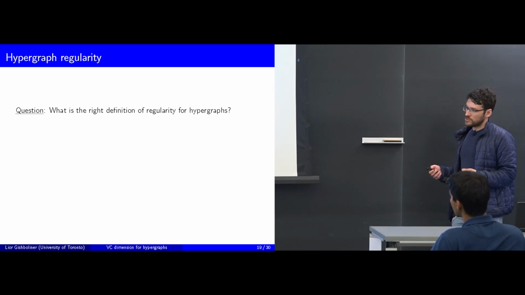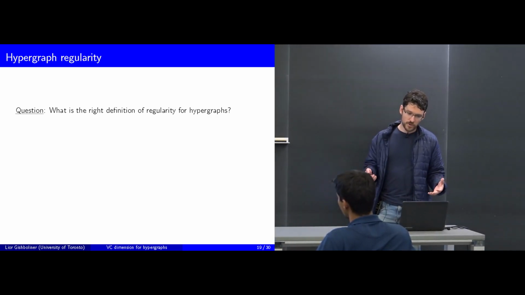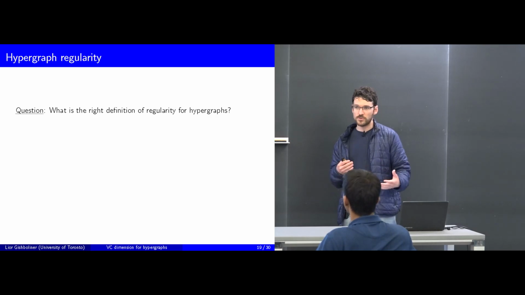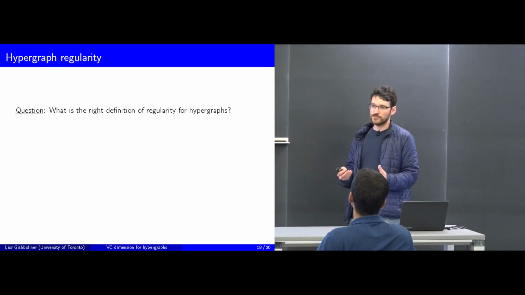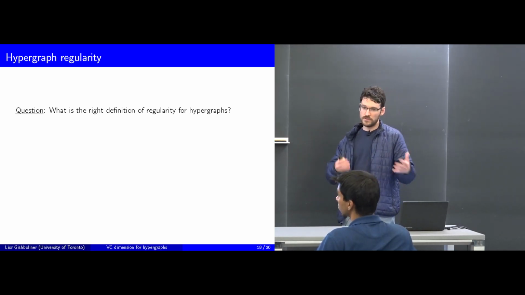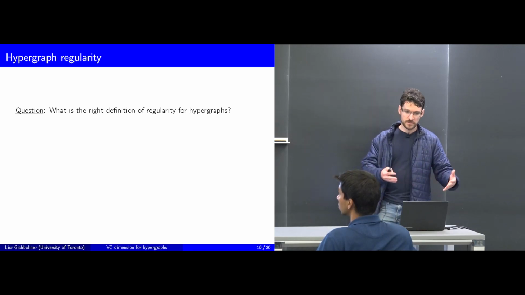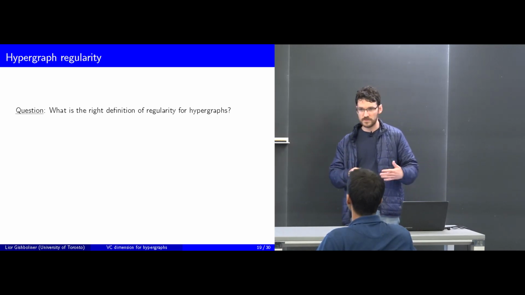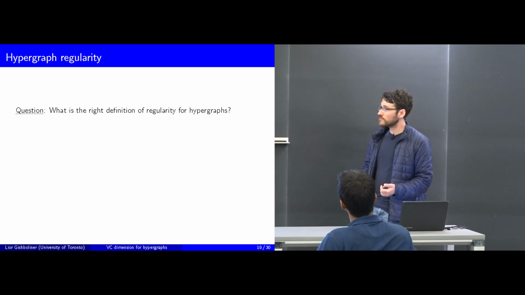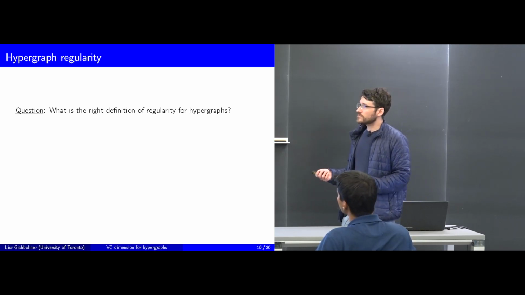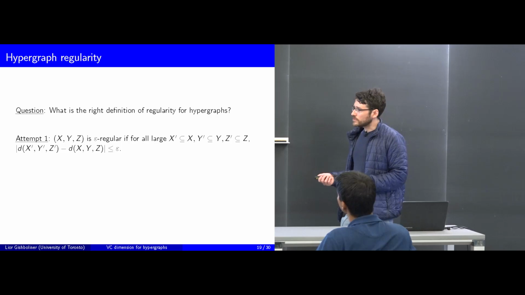So we saw the definition of graph regularity, and the point was to imitate a random graph, and we saw that it worked. So really, the definition guaranteed to contain any fixed subgraph, so in this sense, it does work like a random graph. So what would be the correct definition for hypergraphs? So here is the first attempt.